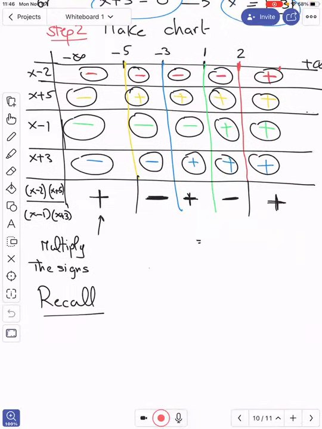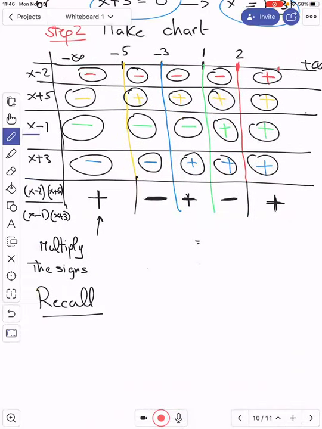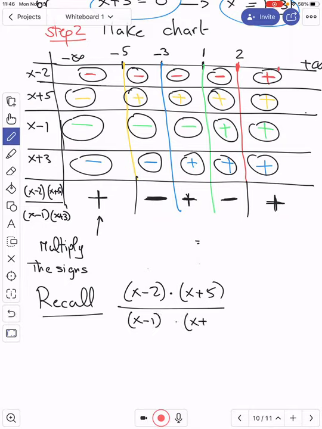So what we need to solve is x minus 2 times x plus 5, over x minus 1 times x plus 3, strictly less than 0. So it has to be negative, my whole rational function.